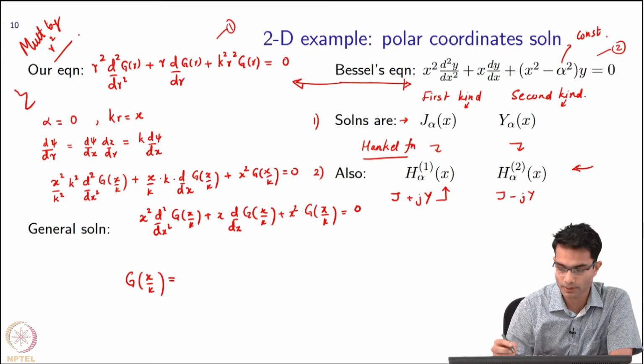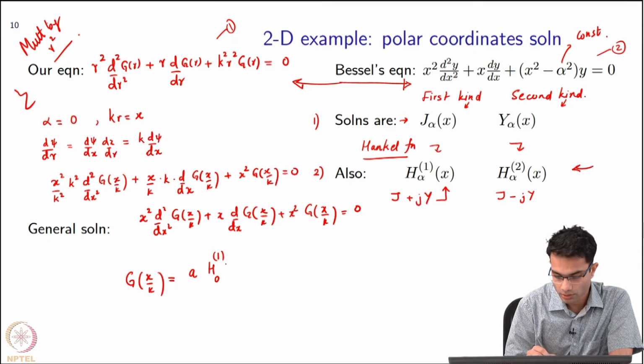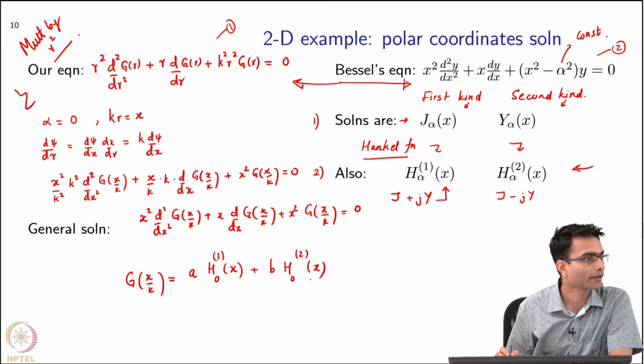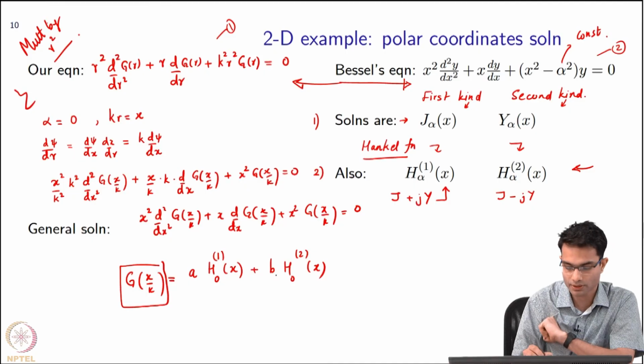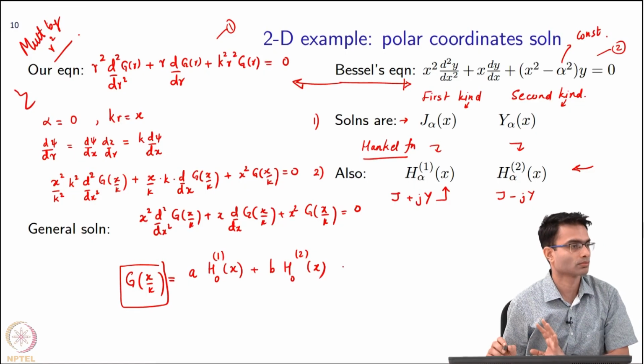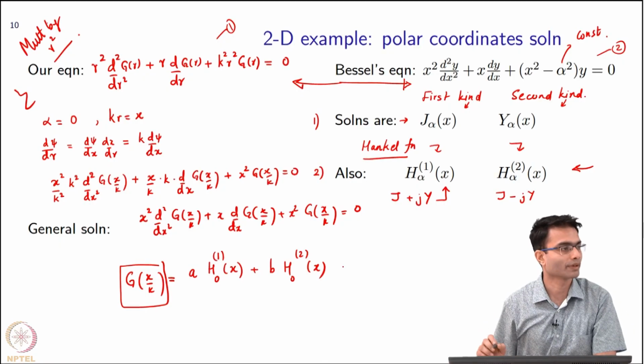Okay, I could have assumed the Bessel form, but I can as well assume the Hankel form. So, a times H 0 1 of x plus b times H 0 2 of x, right. This is the object inside the differential equation. So, its solution is a linear combination of the two solutions. Okay, nothing very great over here.